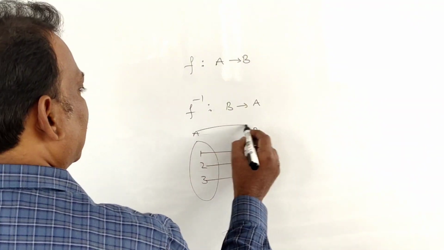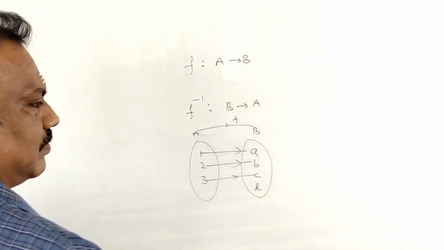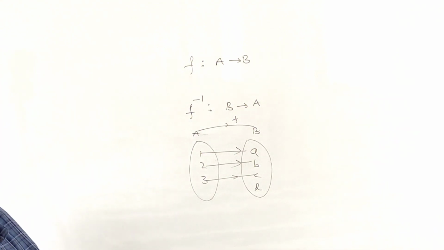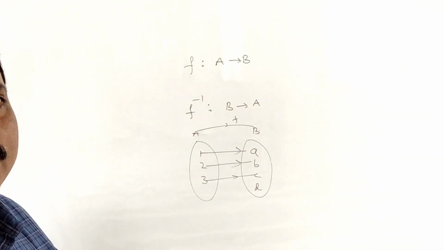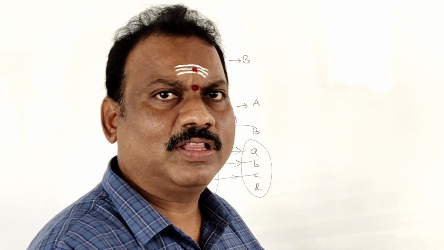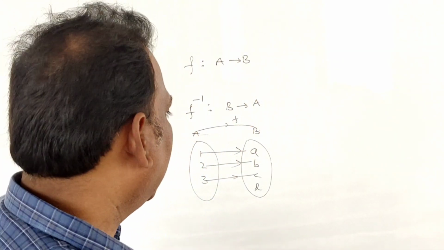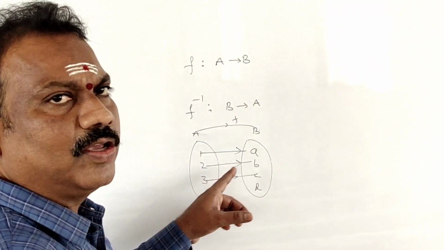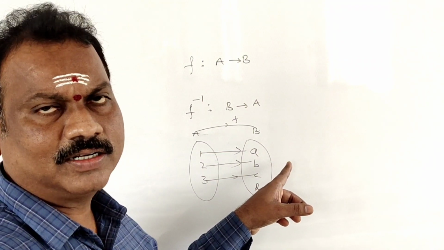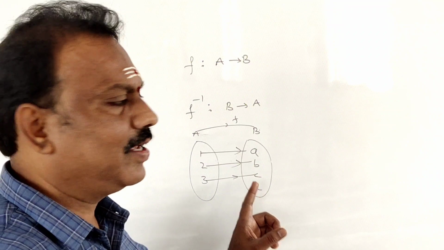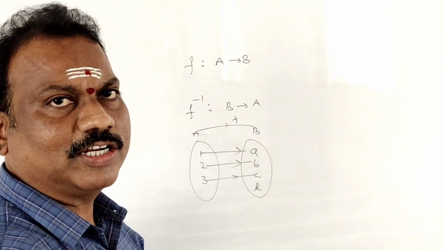First you have to check whether it is a function or not. Yes, it is a function. Why is it a function? You know the definition of function: no two ordered pairs of f have the same image. Different elements have unique images, correct or not? That's why f mapping from A to B is a function.